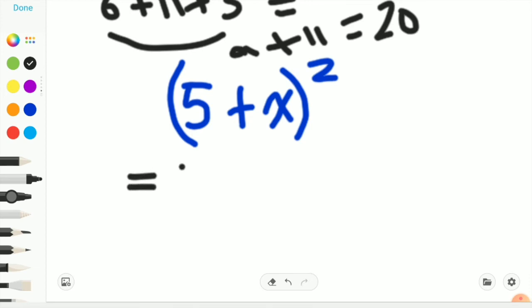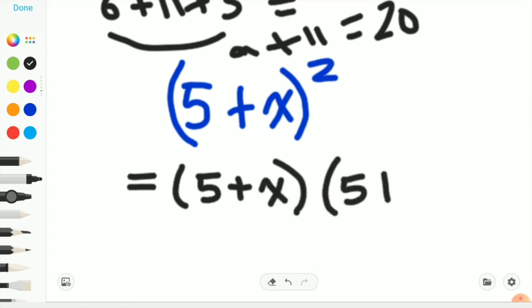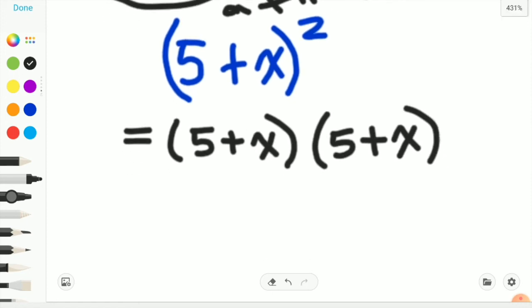So 5 plus x, 5 plus x. Okay, and then you do your whole first, outer, inner, last thing.